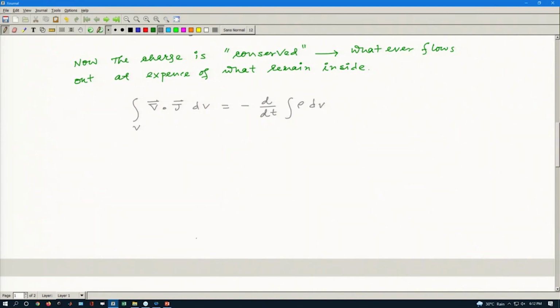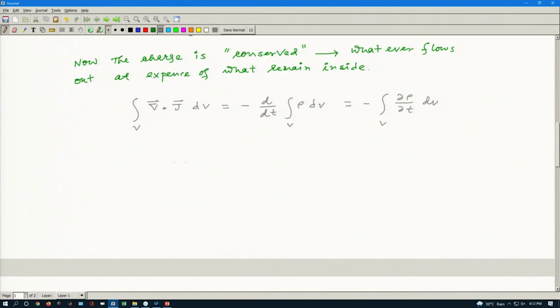Okay. So, that is the expense of this amount of charge, we are getting the flow in terms of this divergence form. So, that quantity is nothing but del rho by del t over this volume integral dV.